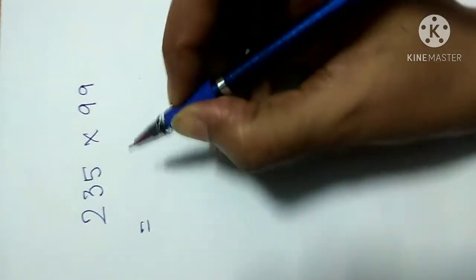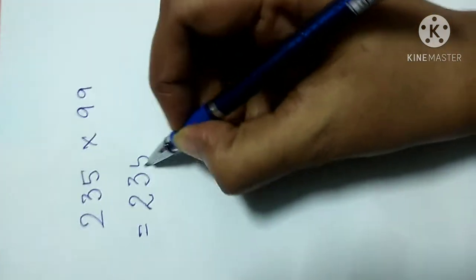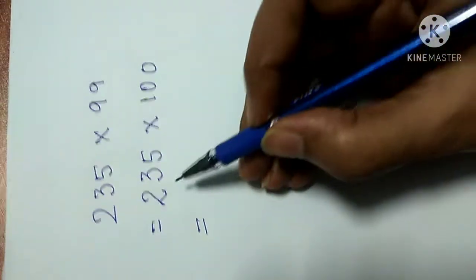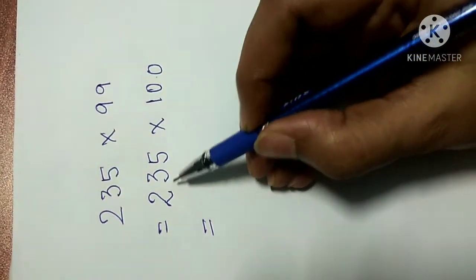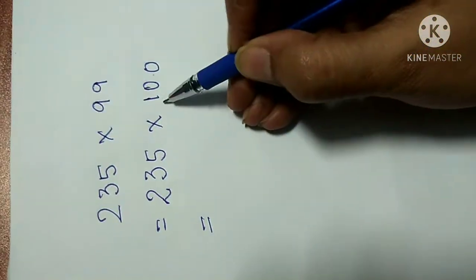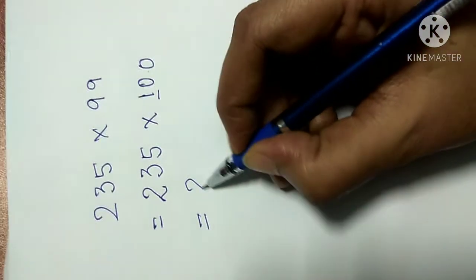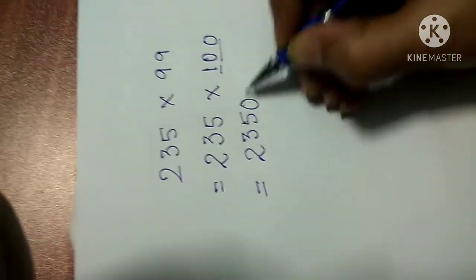What we can do, first let us multiply 235 by 100. Now, instead of multiplying 235 by 100 by long multiplication, what you can do, multiply 235 by 1. 235 multiplied by 1 is 235, and then bring these two zeros down. So what do we get?